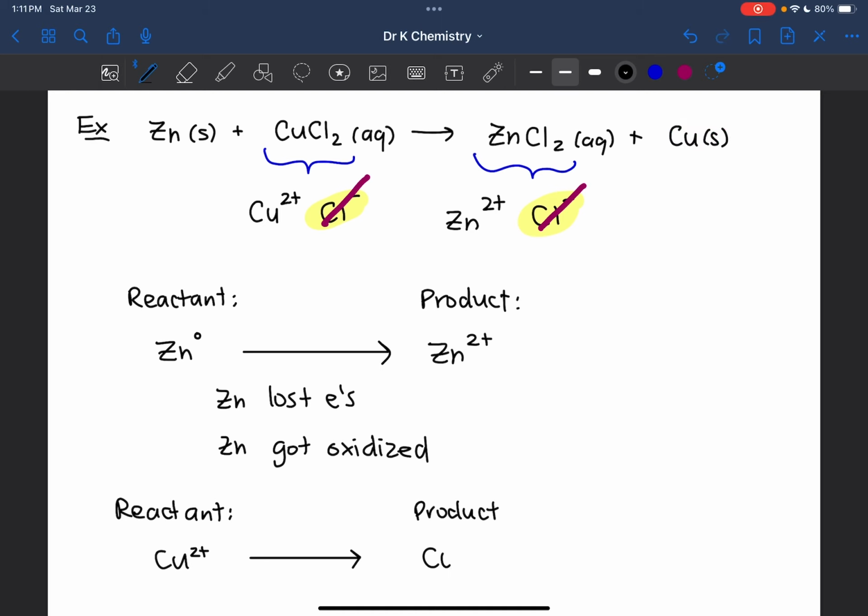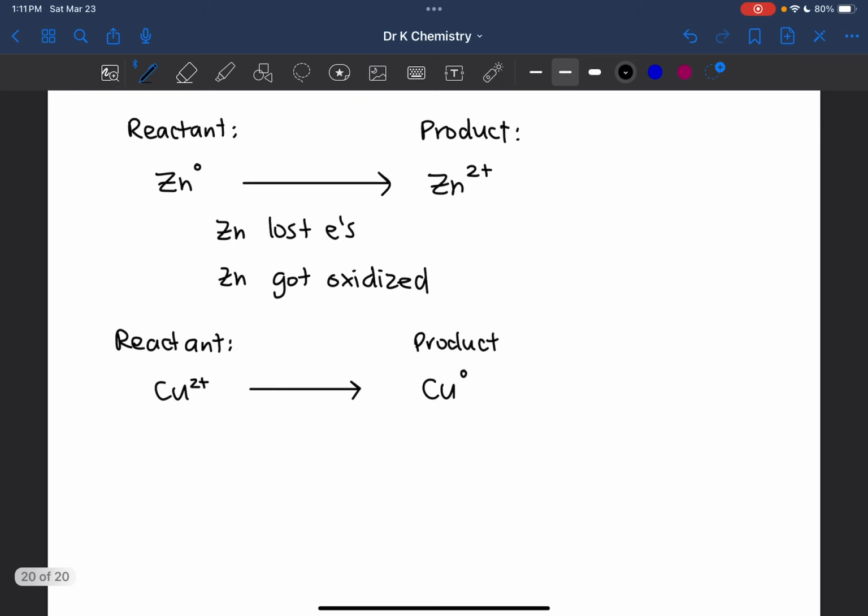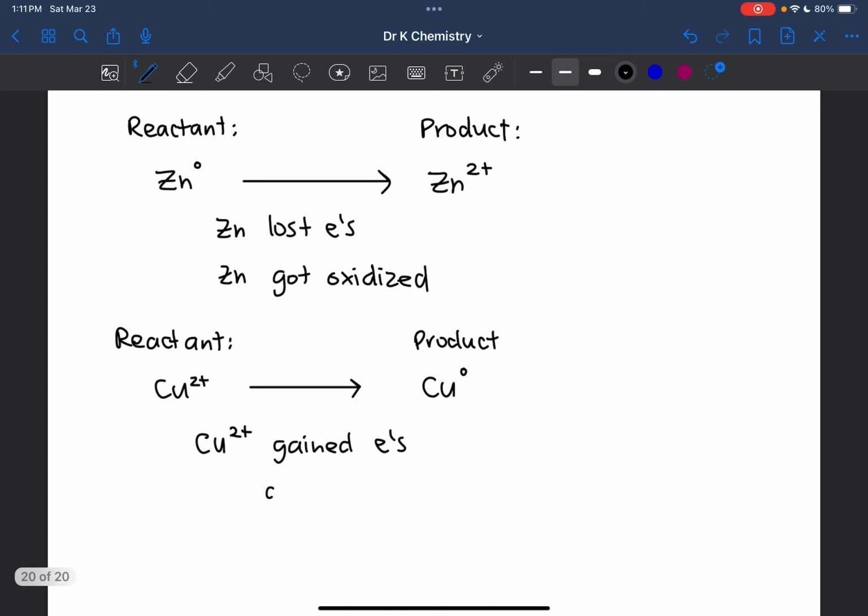So solid copper, which means it's in its elemental form, which means it doesn't have a charge. It has a charge of 0. So in order to go from a cation into a neutral ion, well, it means that copper must have gained electrons. And since it gained electrons, it means it got reduced. And that is it. That is how you do that type of problem.